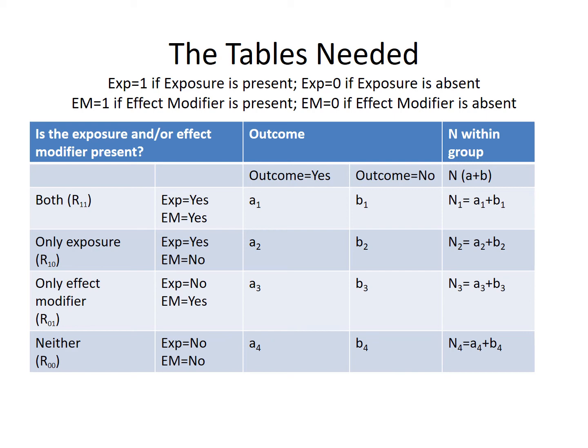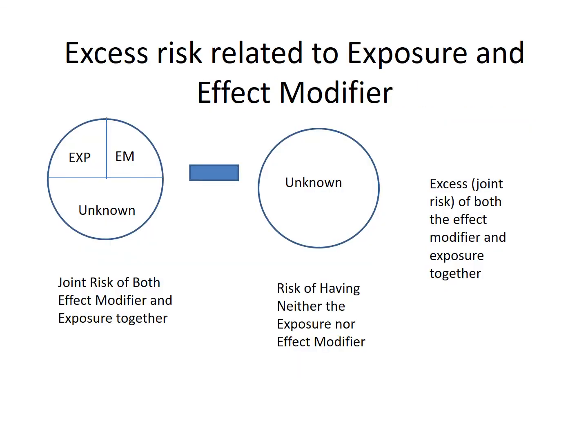Your risk 1-1, which is your exposure and your effect modifier together, your risk of just the exposure, your risk of just the effect modifier, and your risk of neither having the exposure nor the effect modifier, just the underlying risk. And just to remind you in the formula, the excess risk is related to the exposure, and the effect modifier is that concept of a risk ratio of both together.